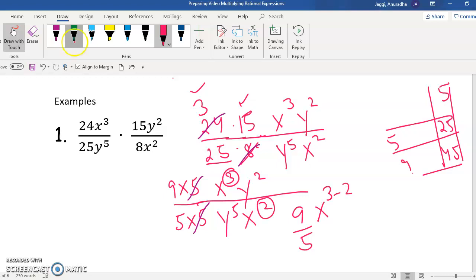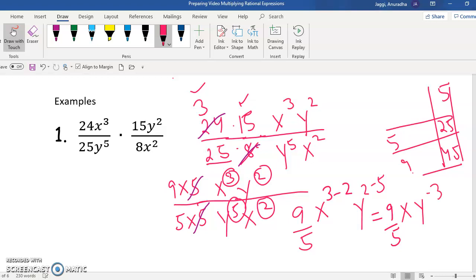And then I have y to the power, this is a 2 and this is a 5. So y to the power 2 minus 5. Okay, simplifying this further, 9 by 5 x, 3 minus 2 becomes 1, so I don't have to write that 1, and y to the power 2 minus 5 is a negative 3.